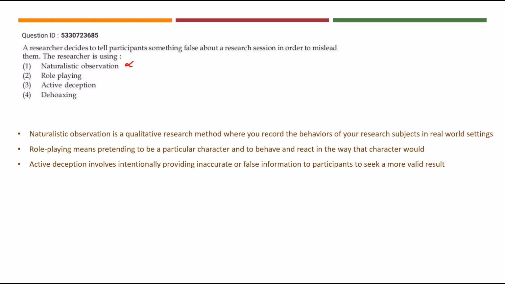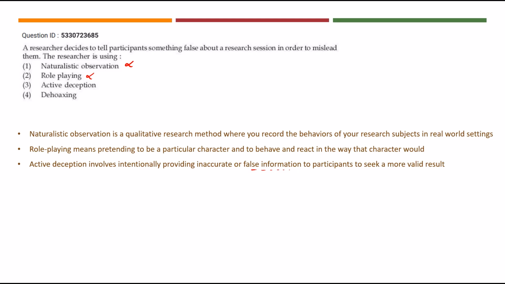What about role playing? This means pretending to be a particular character and to behave and react in the way that character would. You will change as the character, you will talk as the character, you will walk as the character, overall you will live as the character. So this is also not related to the question, so this is false. What is active deception?